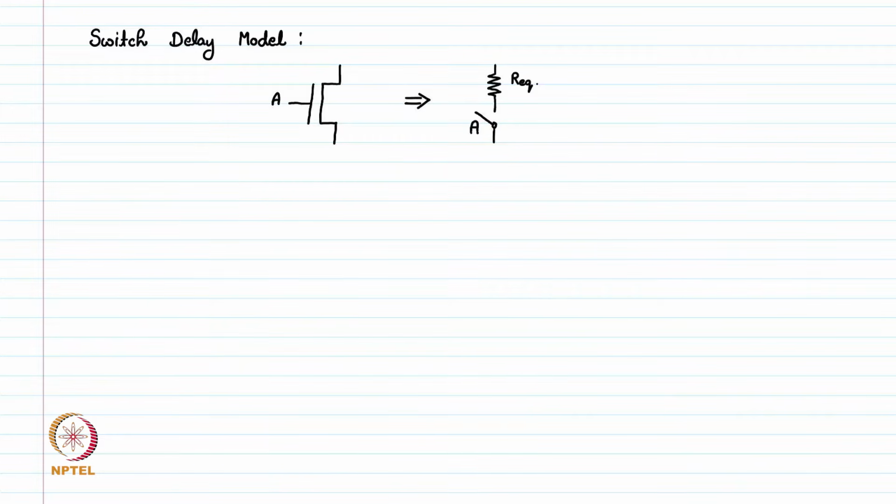Now let's draw these gates individually. Let's first consider a two input NAND gate, and how it looks. On top we have two PMOSes in parallel. It means we have two instances of such a model.